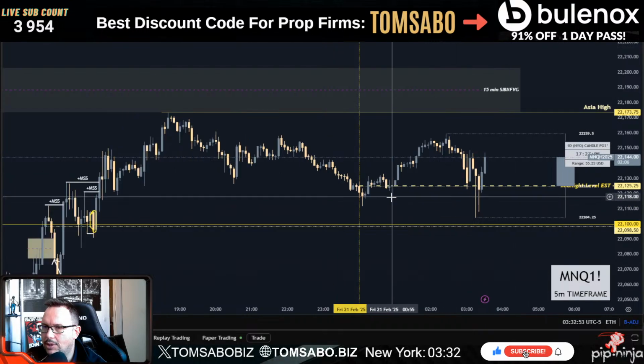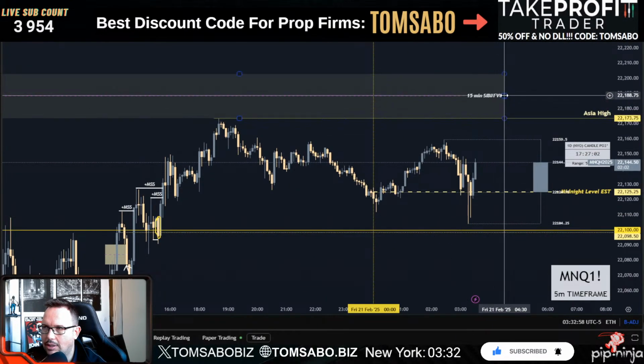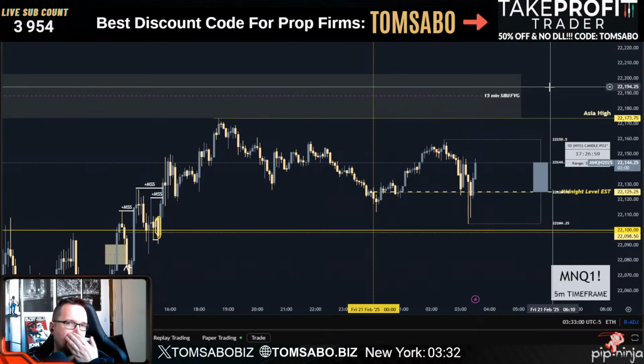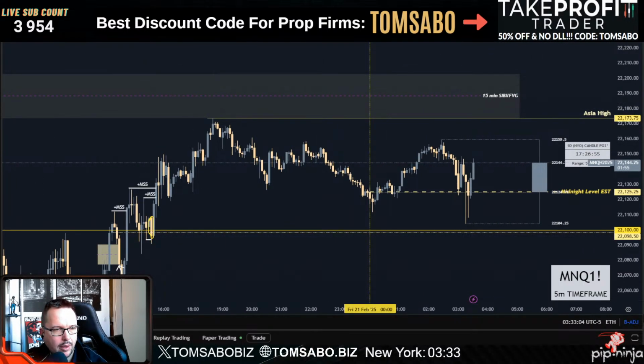Well, it seems like for now that it just swept these levels and it might want to take liquidity from that 15-minute CB up there. Yeah, CB. That's a sell side imbalance.